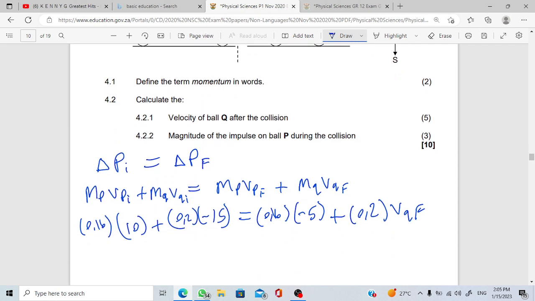Now let us simplify the left hand side. You can use your calculator to do that.